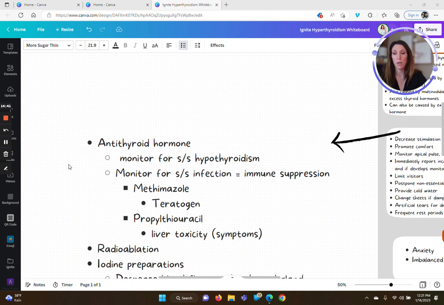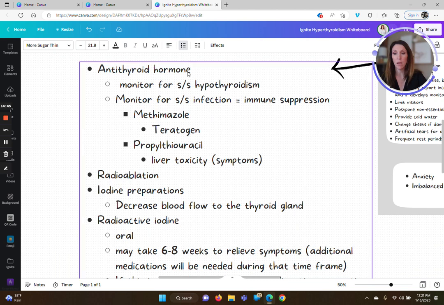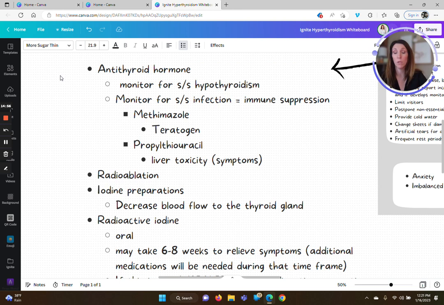Just like when we talked about the levothyroxine, the medication we use to treat hypothyroidism, we had to watch for symptoms of hypo and hyperthyroidism. Same thing here. If we're giving a patient anti-thyroid hormone, we want to make sure that they're not getting symptoms of hypothyroidism because they're getting too much anti-thyroid hormone.